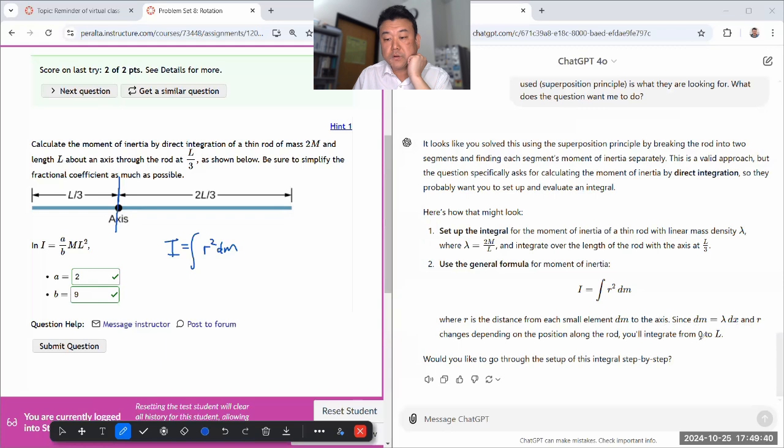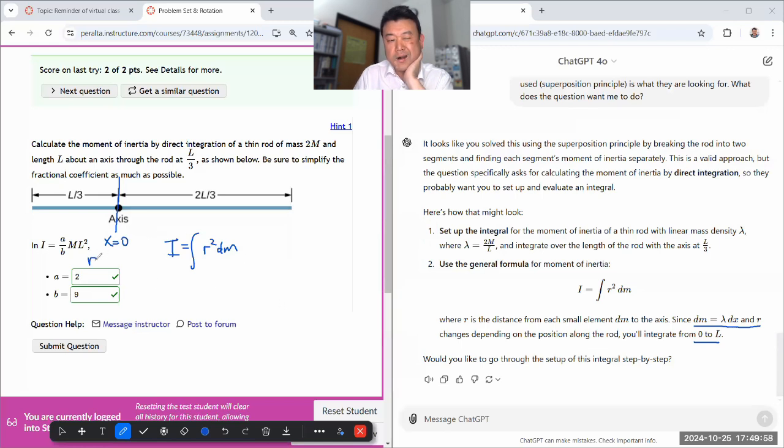You'll integrate from 0 to L. So based on this explanation, here's a mistake that you could make. The correct thing to do is to set x equal to 0 and have an expression for r.